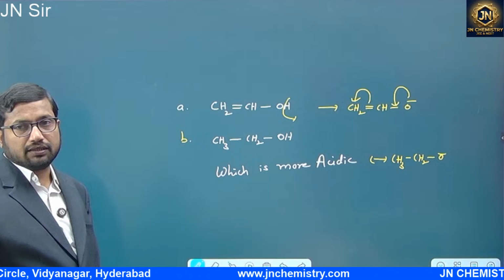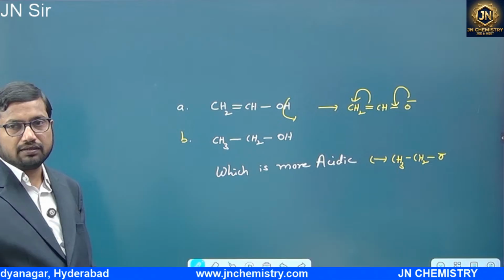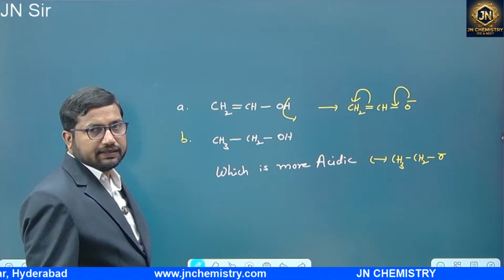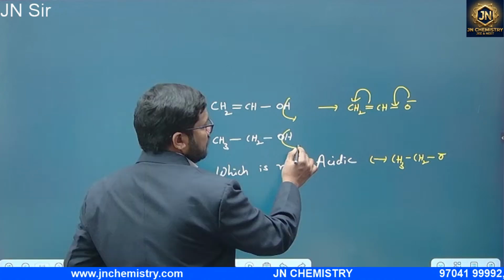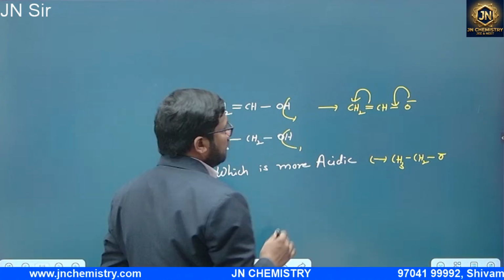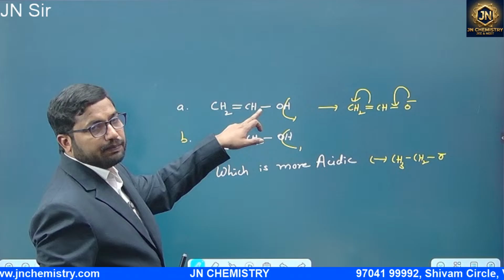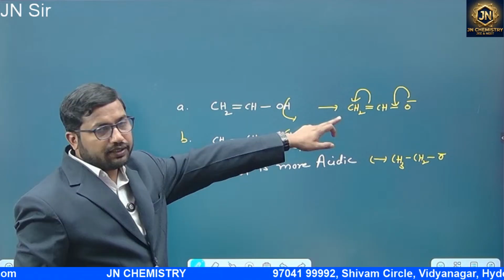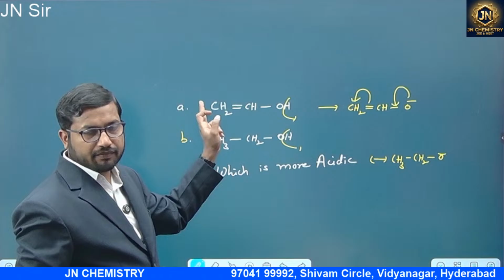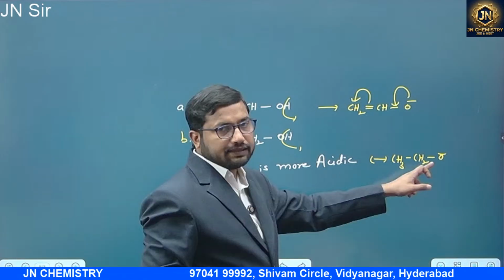So acidic nature, what is acidic nature? The compounds which give the H plus ion. What I am trying to say is, in this particular case, the phenoxide oxide ion is having the resonance with the alkene. But in this case, it doesn't have any resonance.